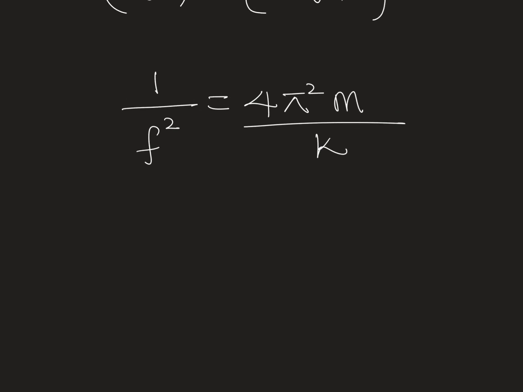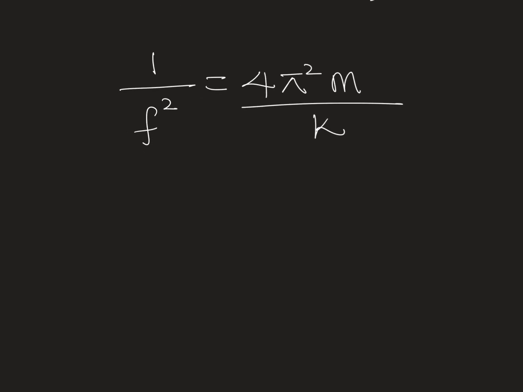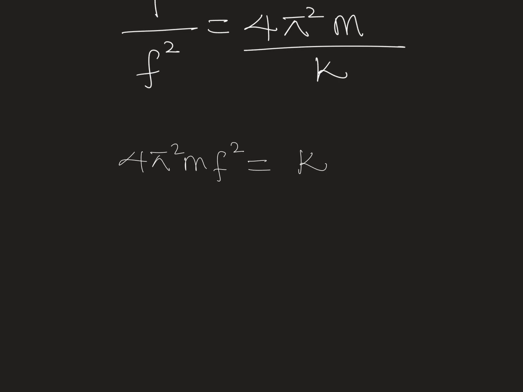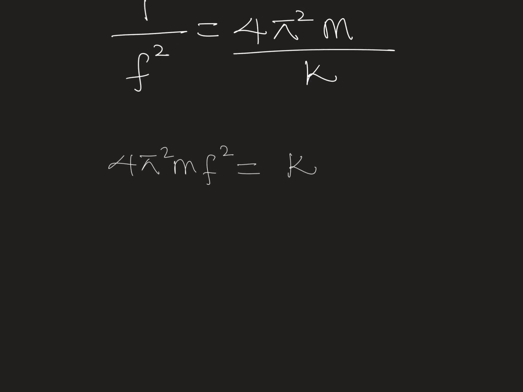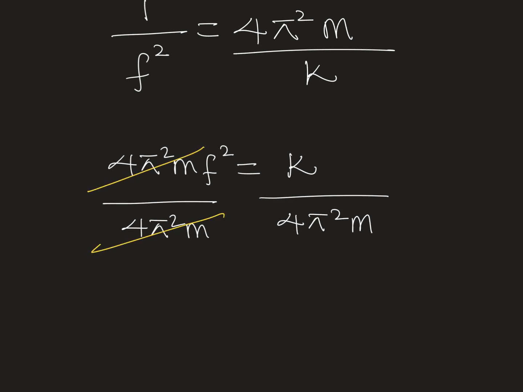So if we cross multiply, we will have 4 pi square m f square is equal to k. So to make f square the subject of the formula, I will divide both sides by 4 pi square m, and therefore this will cancel out.